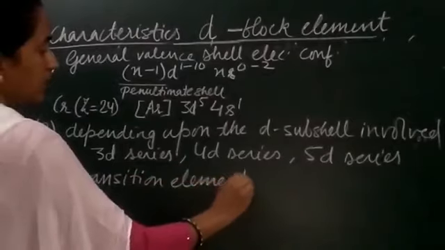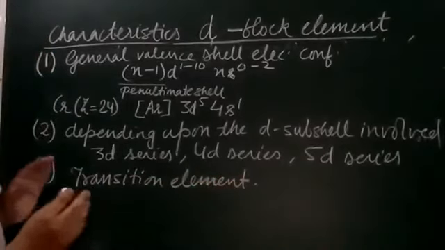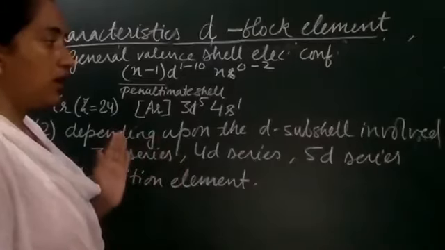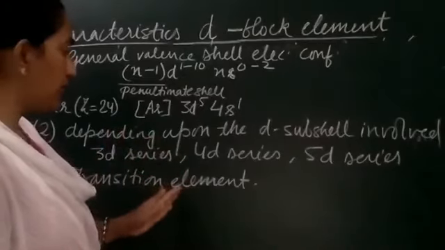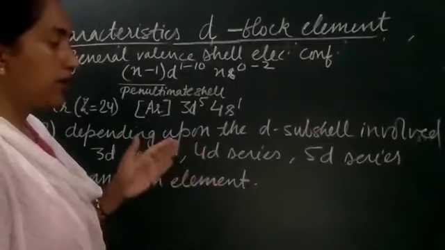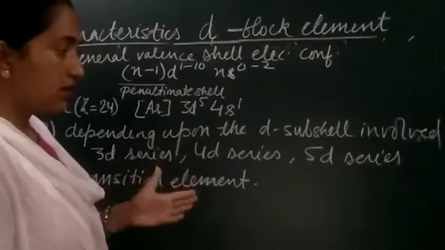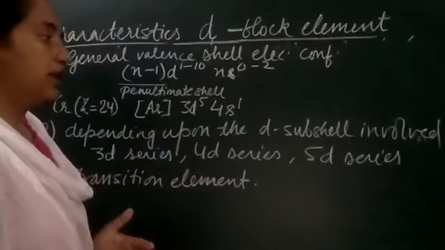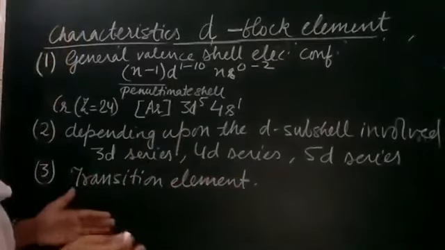Now students, why are they known as transition elements? Because they form a bridge between group 2, which has more reactive elements, and groups 13, 14, which are less reactive.